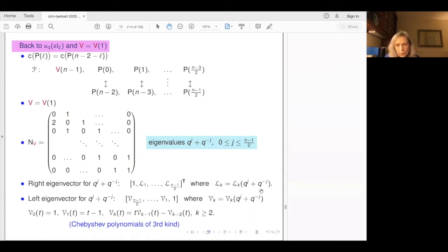So maybe these should be called the Chebyshev polynomials of 3.5 kind. I don't know, but anyway, it's amazing how these polynomials are coming up. Maybe some of you have some good explanations for this.